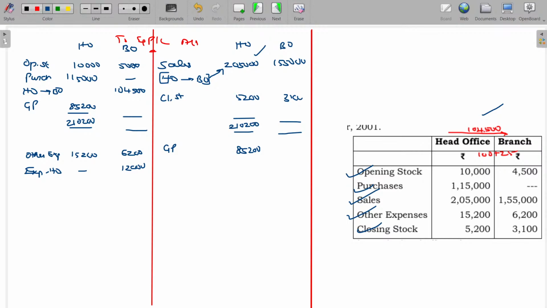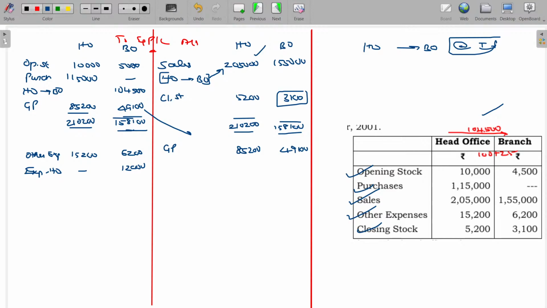For the branch office, 1,58,100, 4,900. But whenever the goods are sent from HO to branch office at invoice price, the closing stock at the branch may contain the profit added by the HO, not realized.